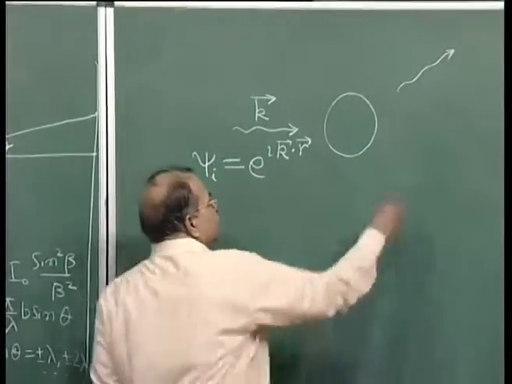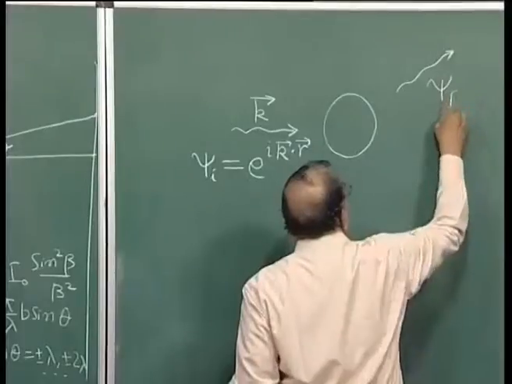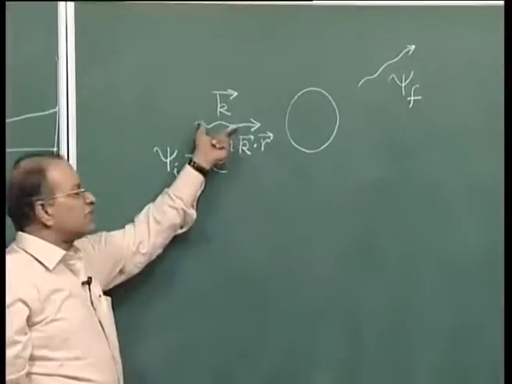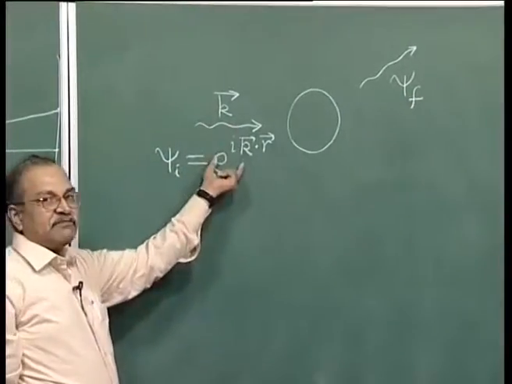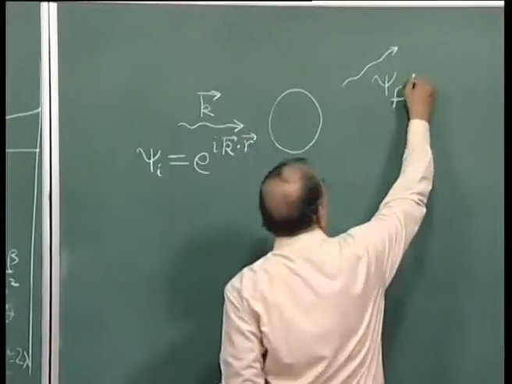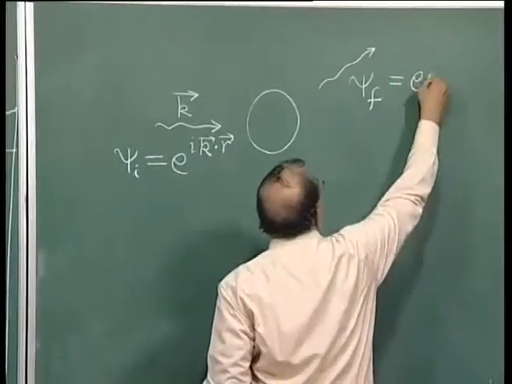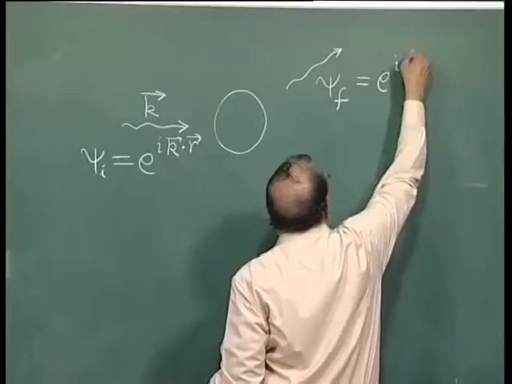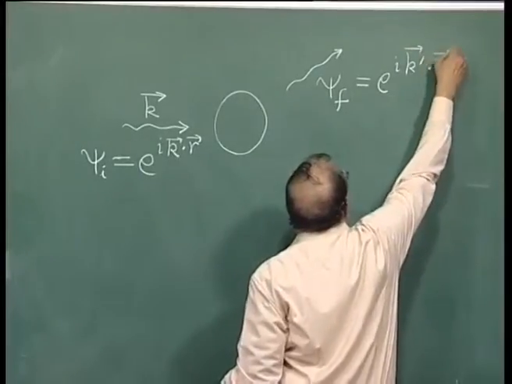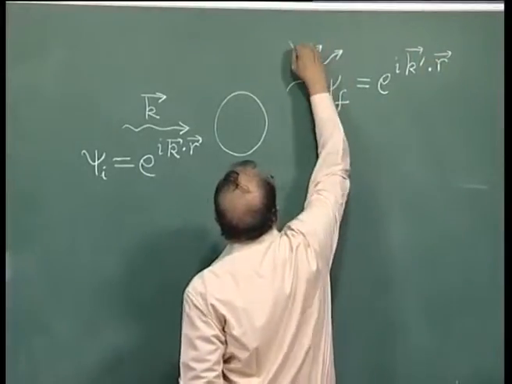And here this is the final wave function. So, the state of this electron is changed from this initial wave function to the final wave function, which is e to the power i k prime dot r. This direction is the k prime direction.